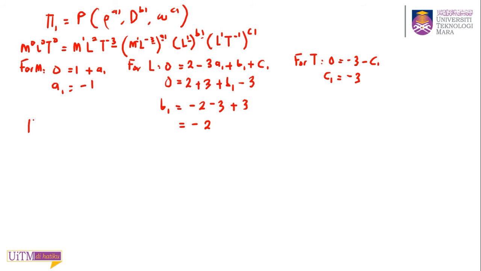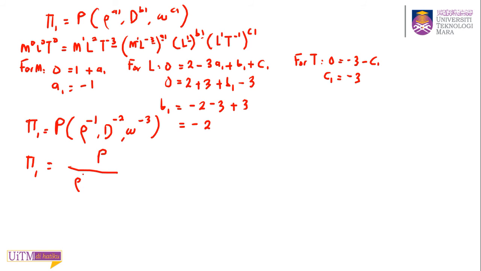So you will have pi 1 equal to P times rho to the minus 1, D to the minus 2, and omega to the minus 3. So pi 1 equals P over rho D squared omega cubed.